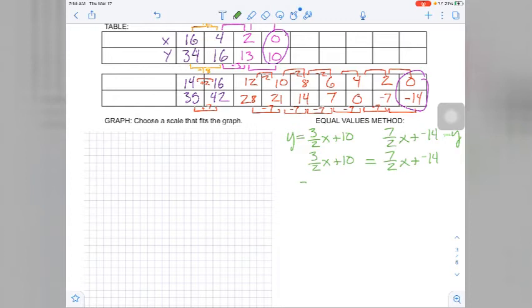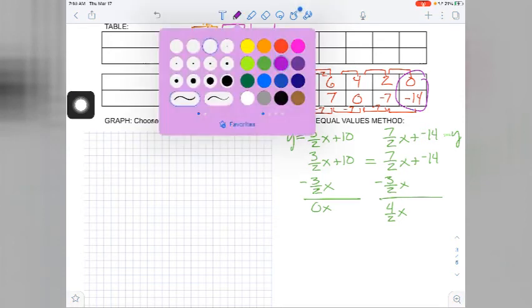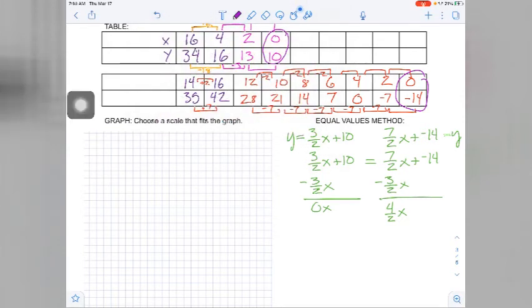If I subtract 3/2 of x from both sides, I have 0 x's left on the left side. And over on the right side, 7/2 minus 3/2 means 4/2, so this is 4 over 2 x, which is 2x, because it's 4 divided by 2.